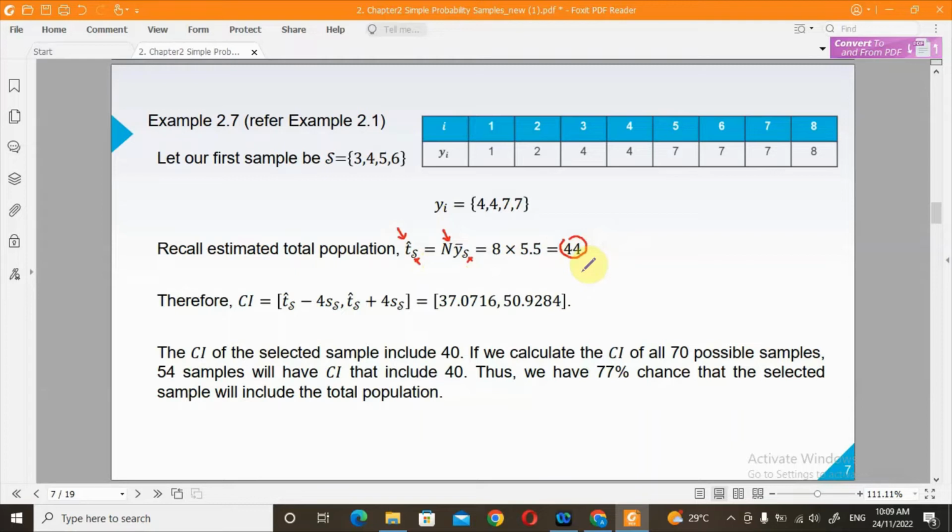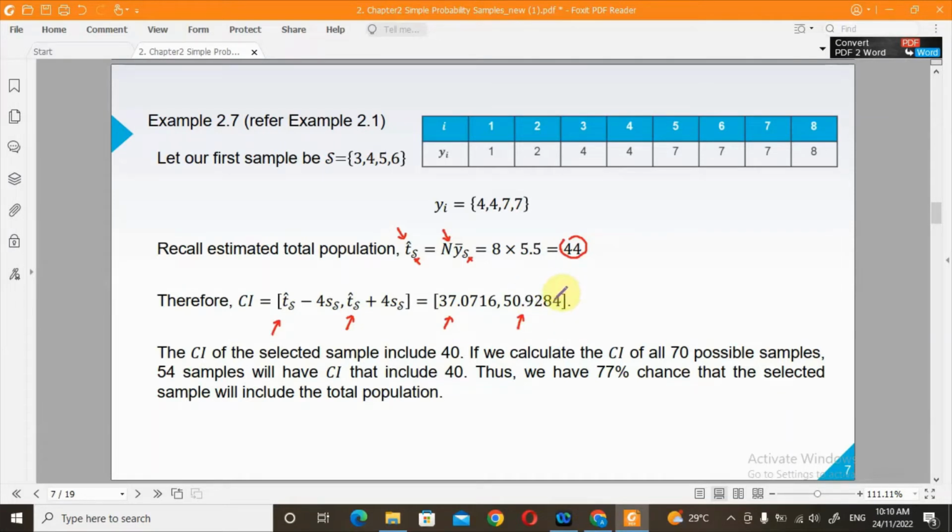Then again using the same formula, the estimated population total minus 4 times the standard deviation for the lower limit, and the estimated population total plus 4 times the standard deviation for the upper limit, you get the confidence interval for possible sample X: 37.0716 for the lower limit and 50.9284 for the upper limit.